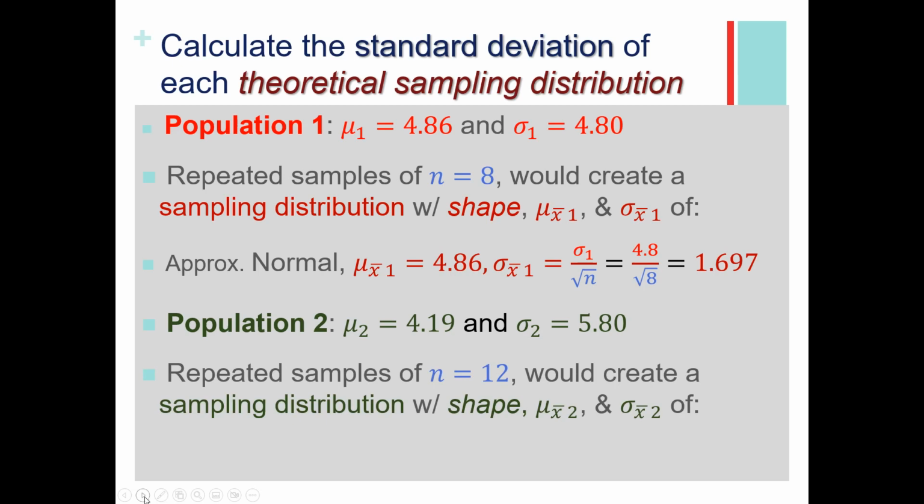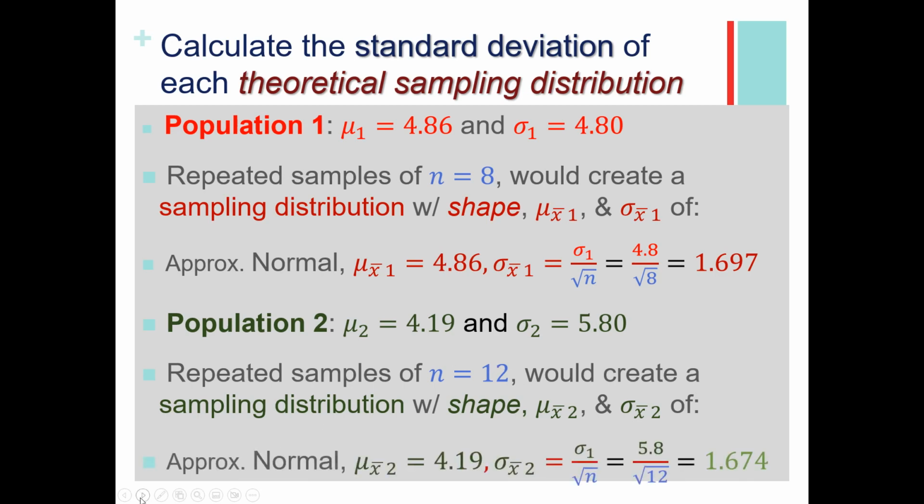Since this population itself was approximately normal, even though we don't have a sample size greater than or equal to 30, this new sampling distribution will still be approximately normal, centered at our population mean of 4.19, with a standard deviation of our population standard deviation divided by the square root of our sample size. So for this one it will be a standard deviation of 1.674.